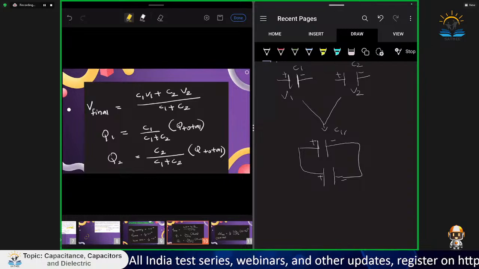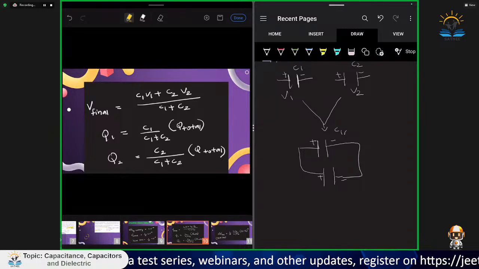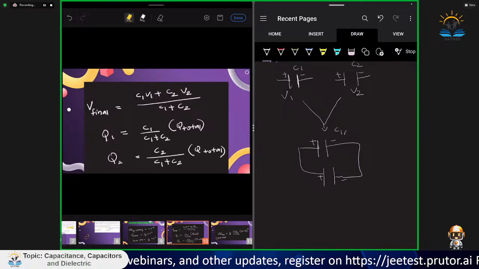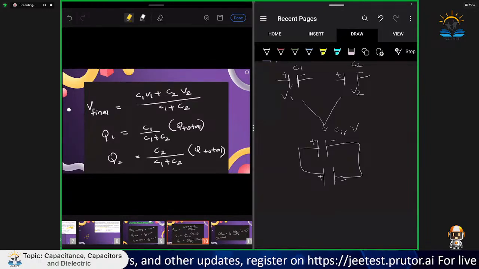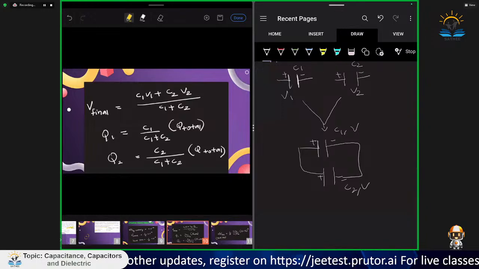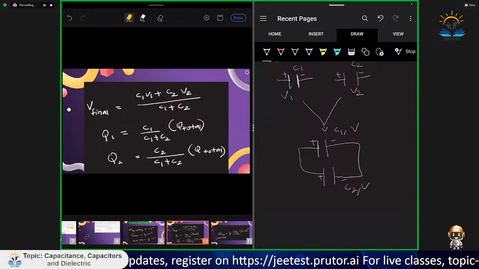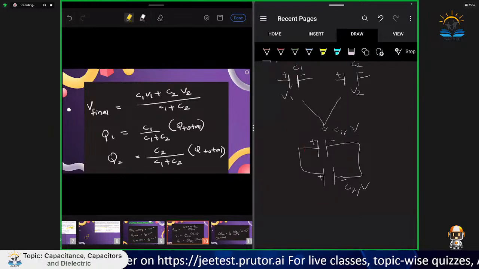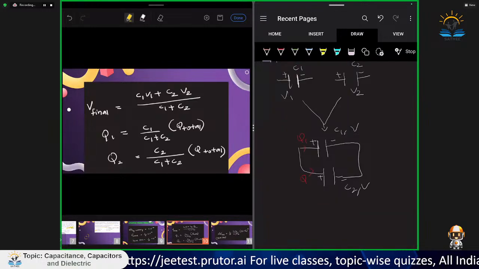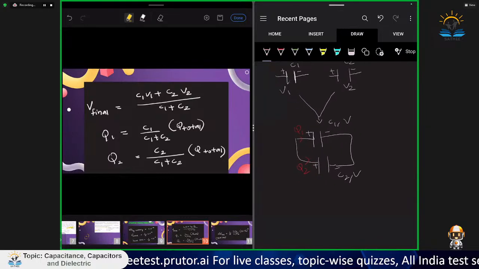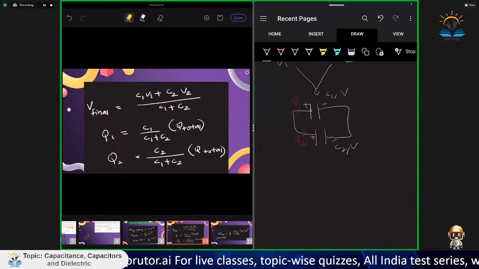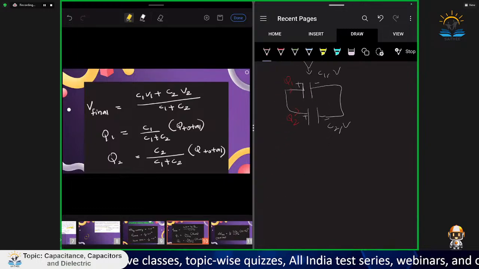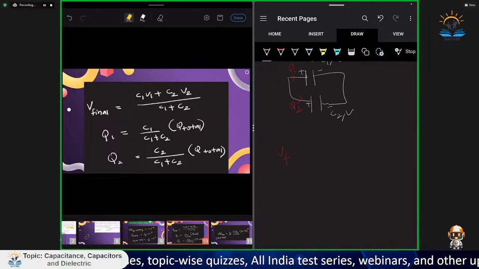So what will happen if I connect? Charge will redistribute in such a way that both will have the same potential, because I am connecting them in parallel. So both will have charges Q1 and Q2. The final potential will be that common potential.